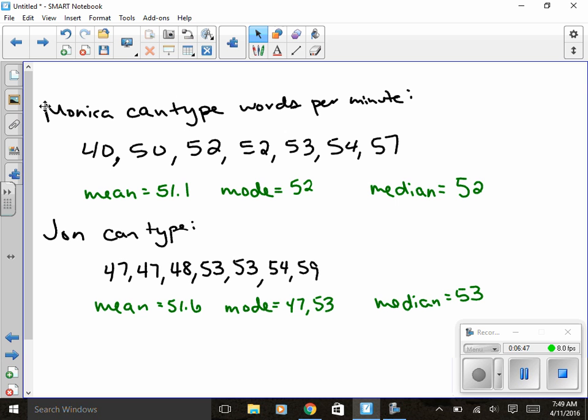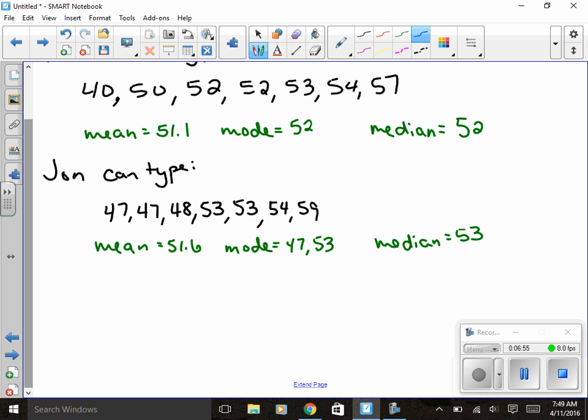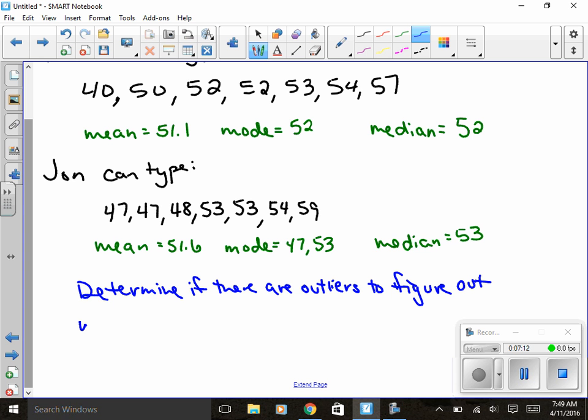But sometimes you will have to vary this. And with this one, I kind of knew right away that there wouldn't be any outliers. So after you find your mean, median, and mode, determine if there are outliers to figure out which central tendency is best.